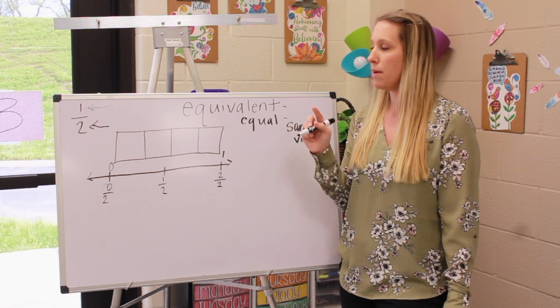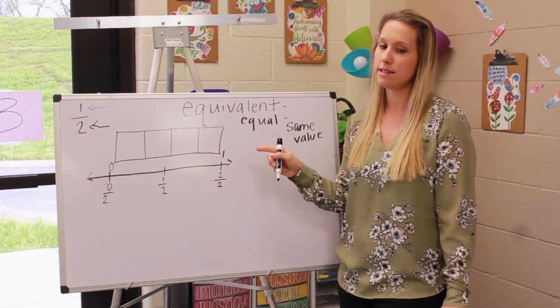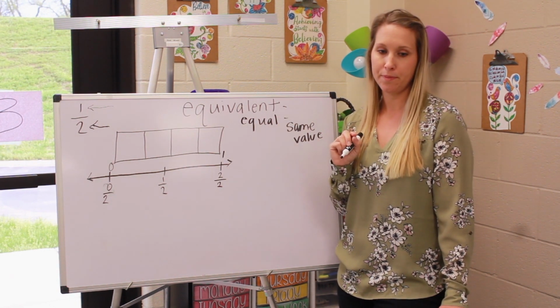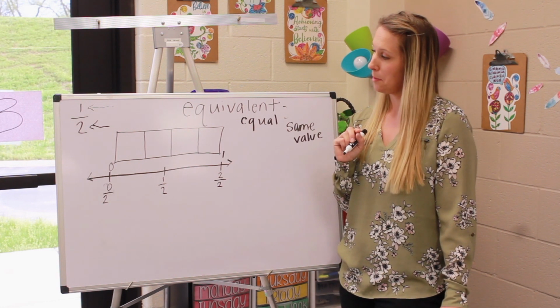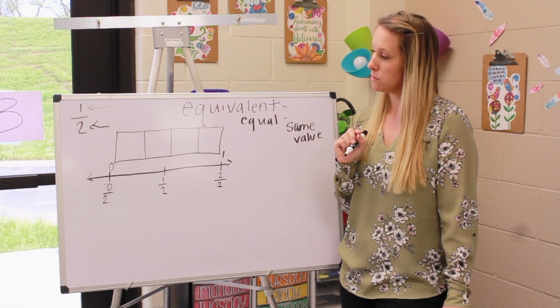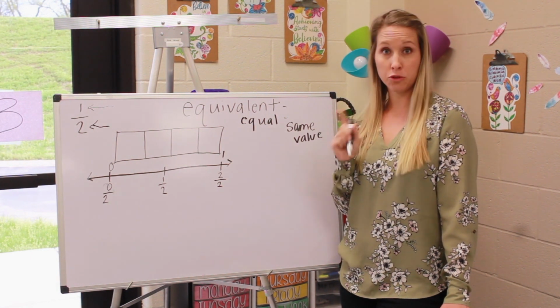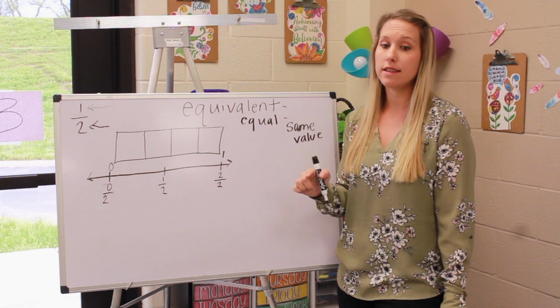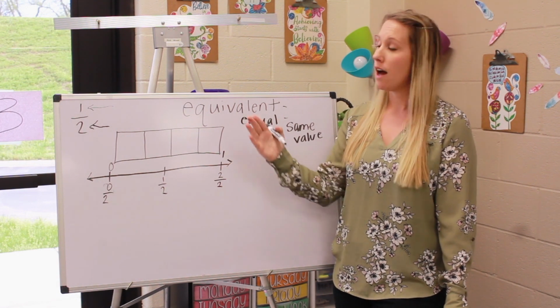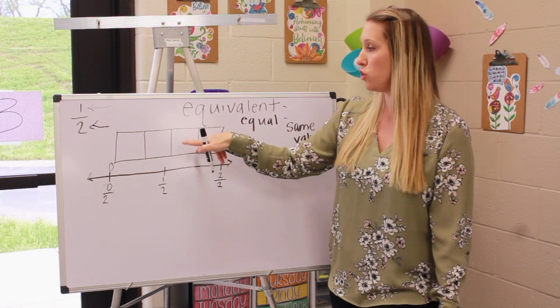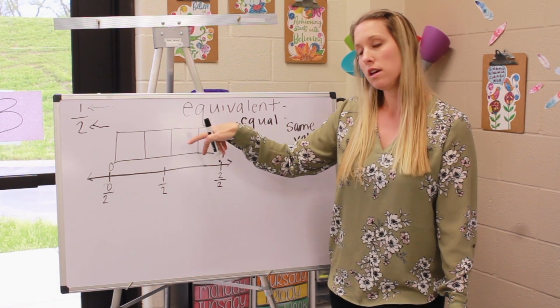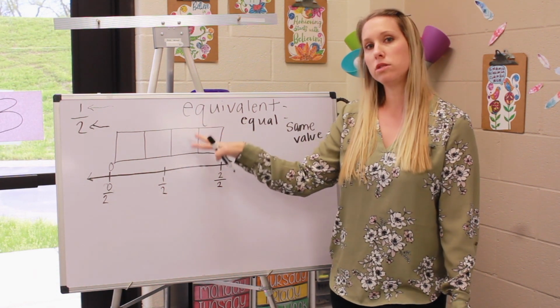What do you notice about the size of the pieces now that we have cut them up? That's right. Hopefully you noticed that they got smaller. They got smaller because instead of 2 large pieces, we now have 4 smaller pieces.